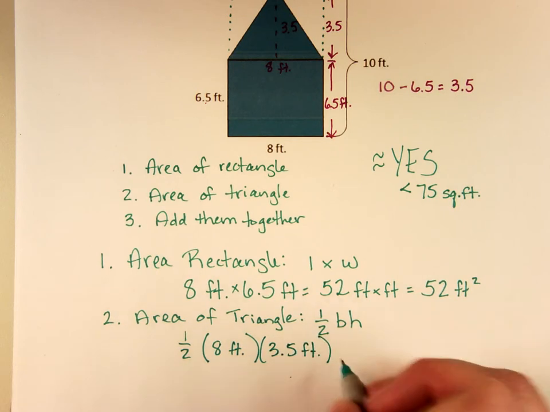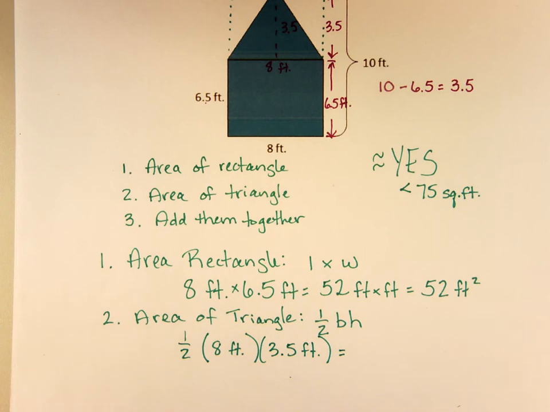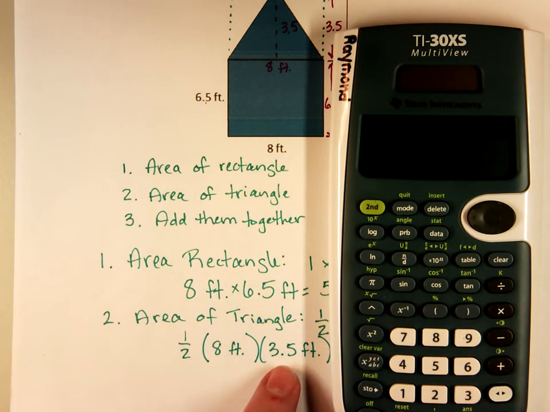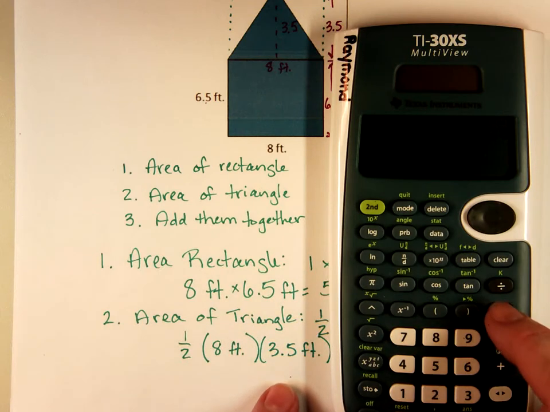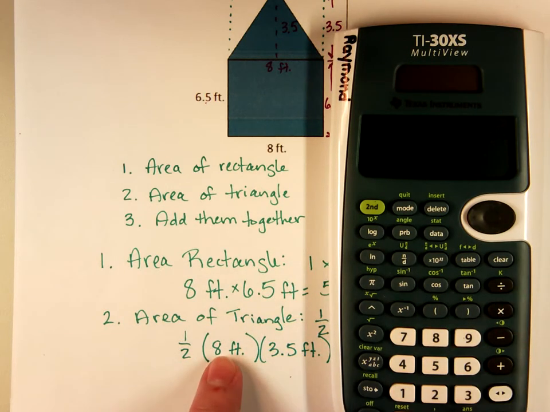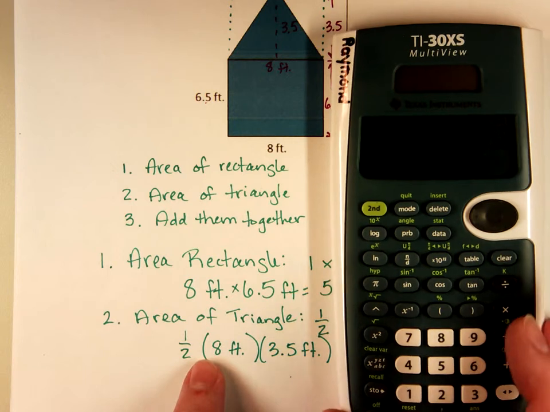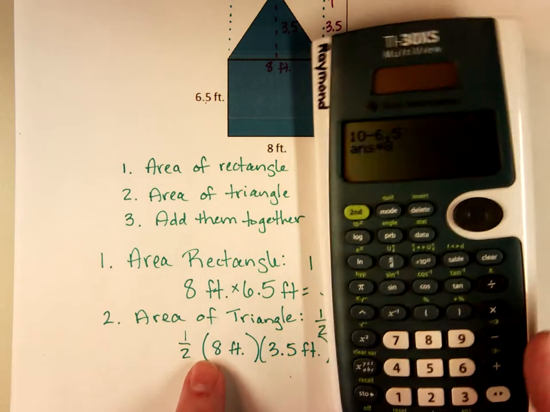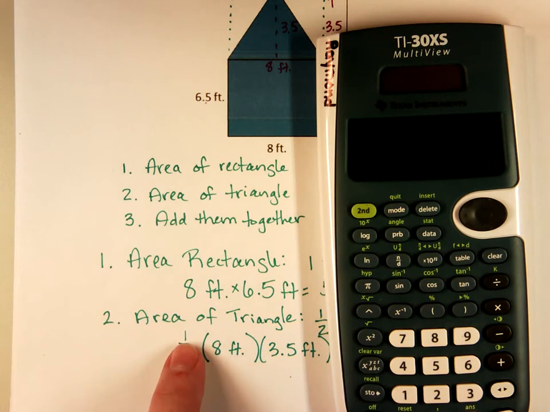Now it's a matter of simply plugging it into the calculator again. We already have 3.5 feet in the calculator, so let me multiply 8. I get 28. I could multiply that by 1 and I would still get 28. Now I have to divide all of that by 2. That was the denominator.